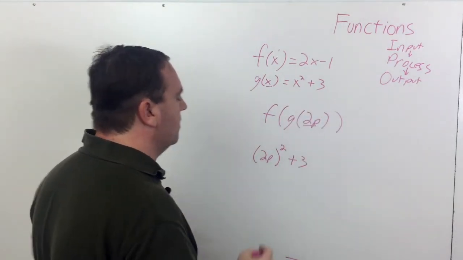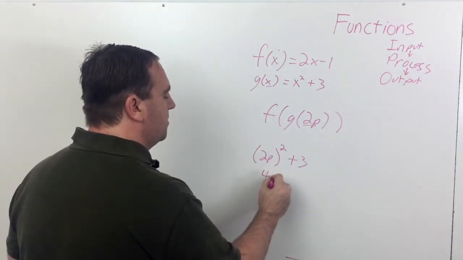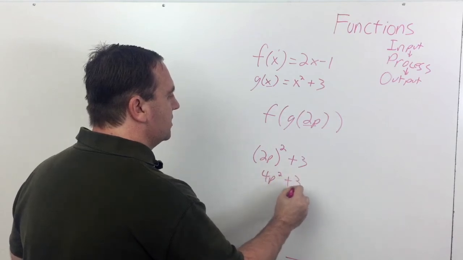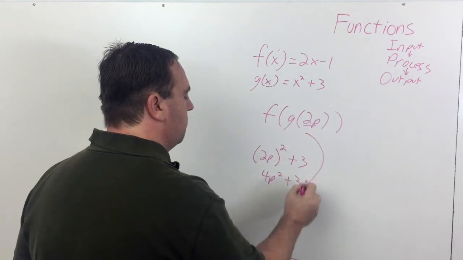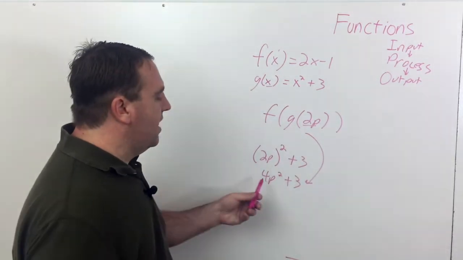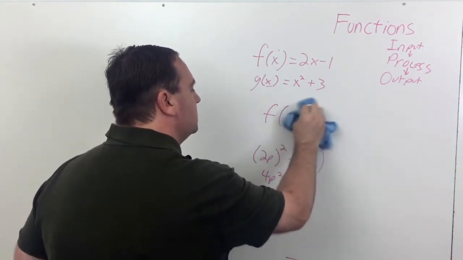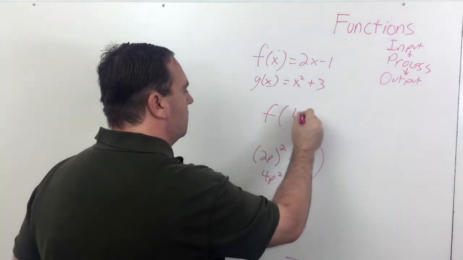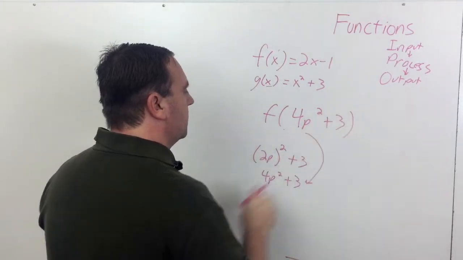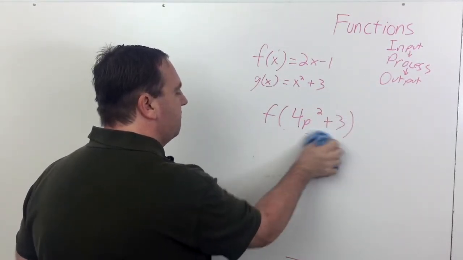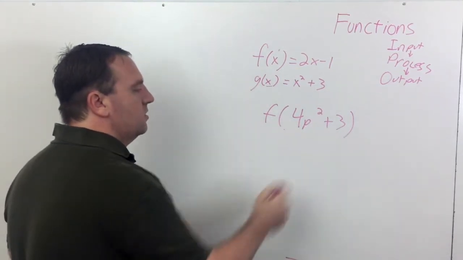Okay, so what is 2P squared? We have to square the whole of this. So that gives us 4P squared plus 3. So that's G of 2P. G of 2P is 4P squared plus 3. So now we need to put this into F. So let's erase this. 4P squared plus 3. So now we're going to take the F machine and we're going to process it with this.